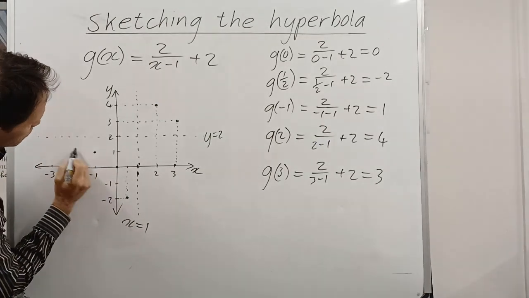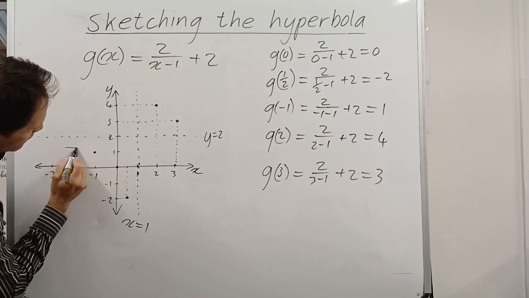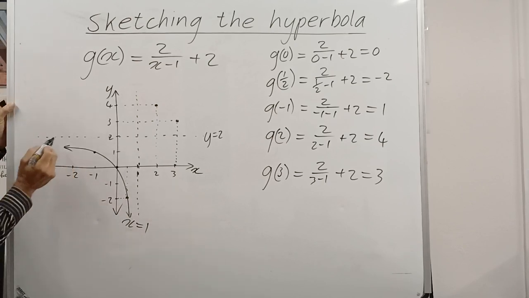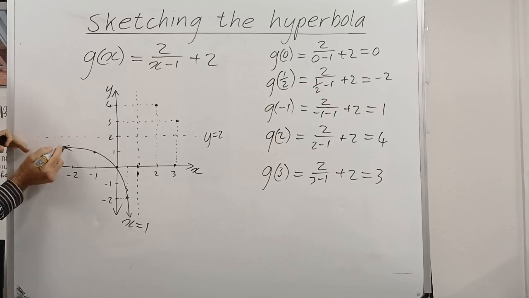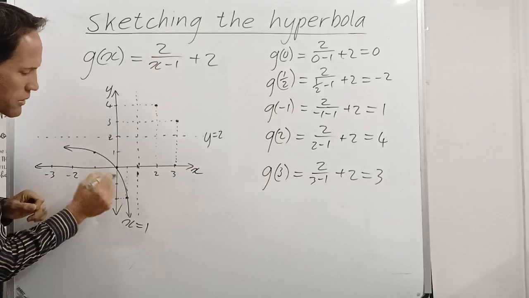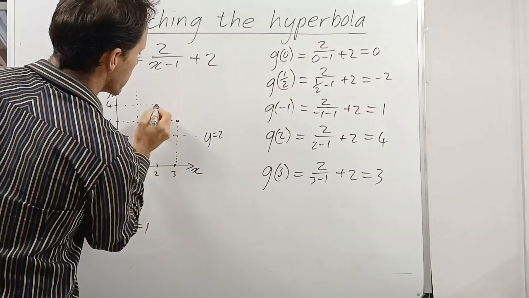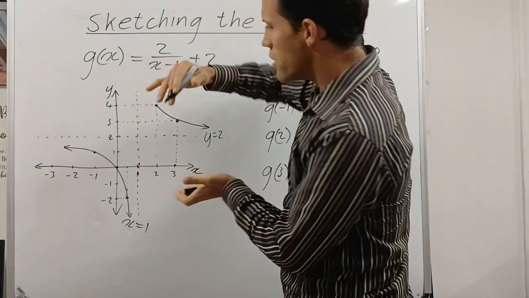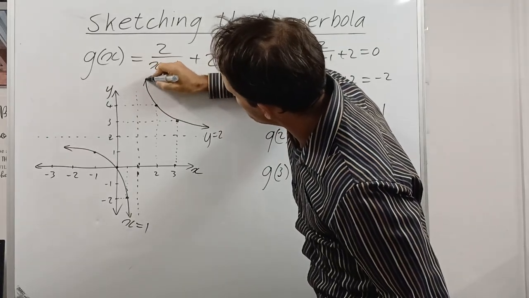So this part, from here to there, is going to be something like that. That's your hyperbola on this side. It comes closer to the asymptote, but it doesn't go through the asymptote. The same there, it comes closer to the asymptote, but not through. And on this side, you can say it comes closer this way. You can even turn the page when you sketch it, to make it easier to sketch.